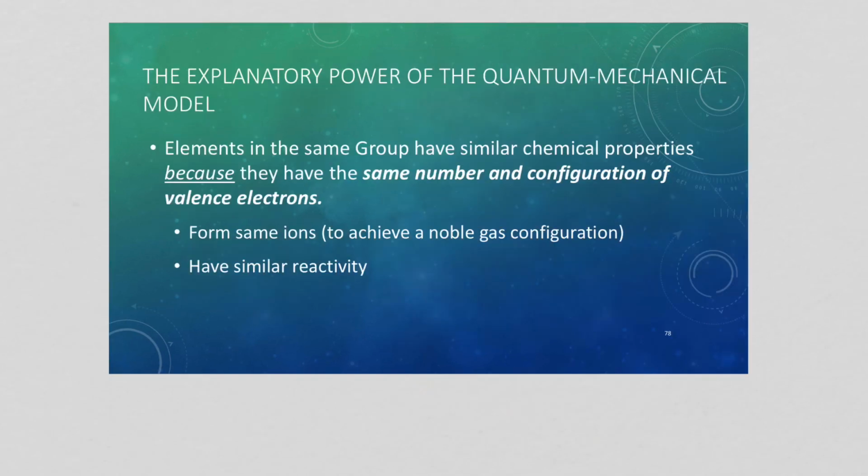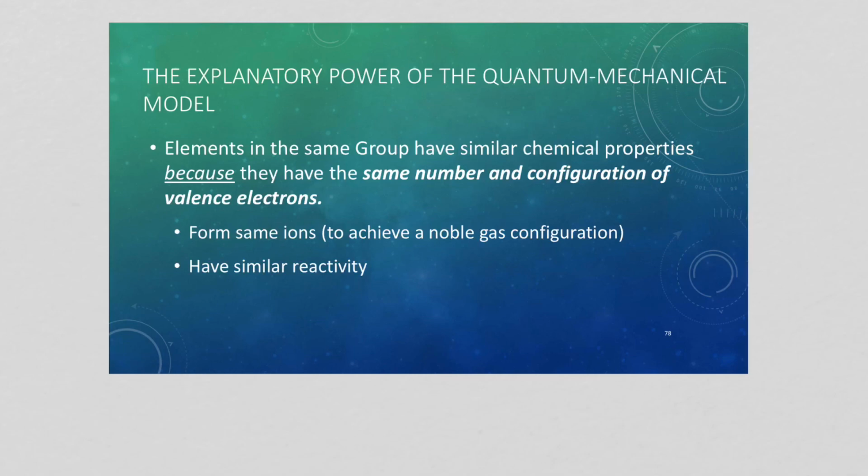Now, what are the things that we've started to notice here? Well, the big one is that elements in the same group have the same number of valence electrons. And this is a way that we can explain what we observed as far back as Mendeleev in putting together his periodic table, that elements in the same group have similar chemical properties because now we know they have the same number and configuration of valence electrons.